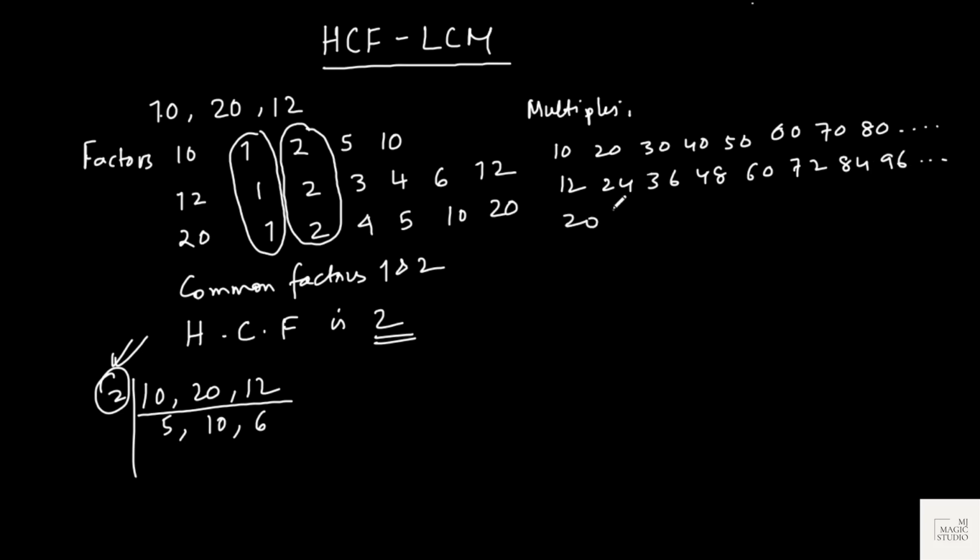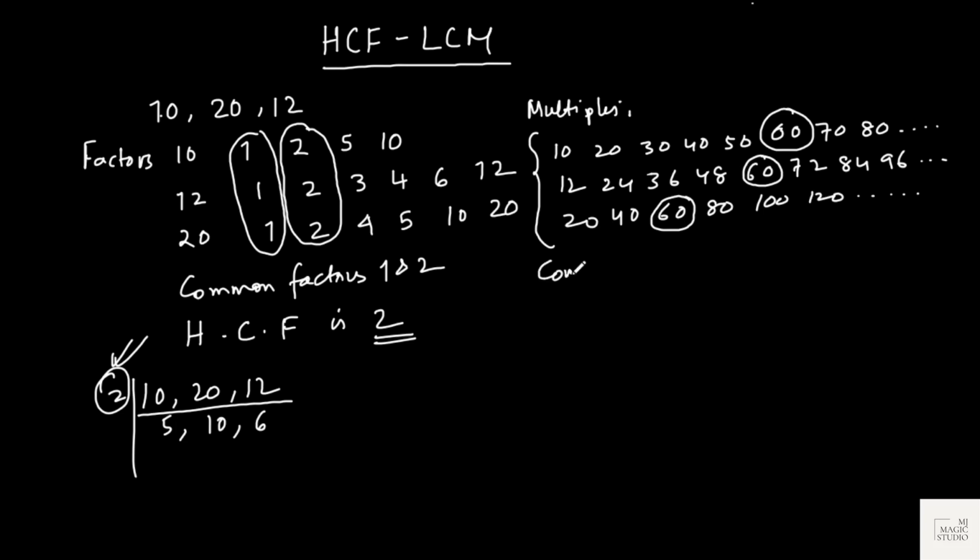For 20, we have 20, 40, 60, 80, 100, 120 and on. So out of these three sets of multiples, we can see that 60 is the number which is first common to all the three numbers.